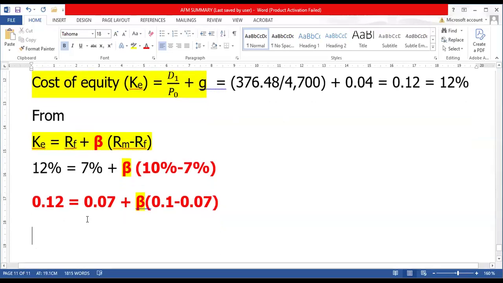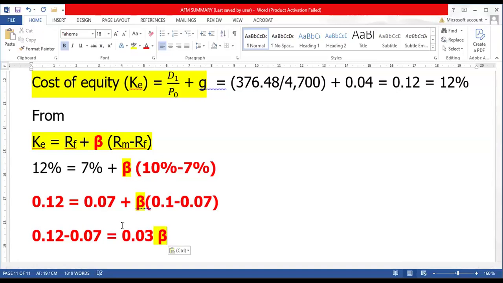I need the beta, so I can take this one to the left side. It will be 0.1 minus 0.07, what do you get? 0.03 beta.